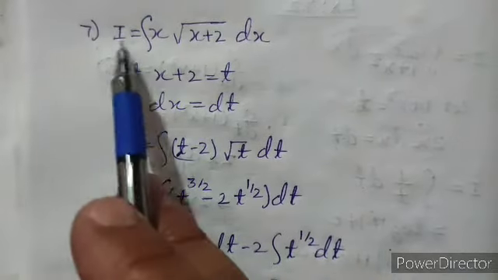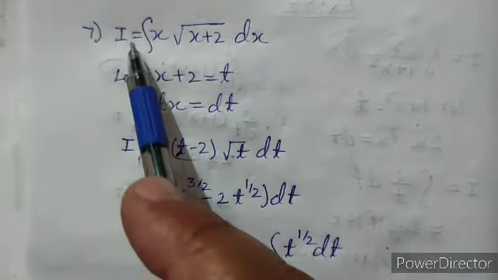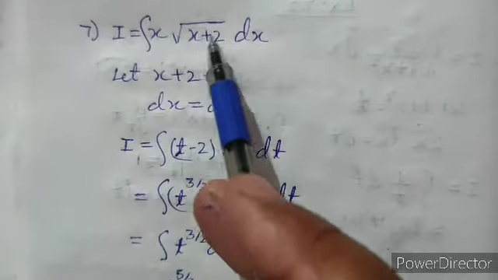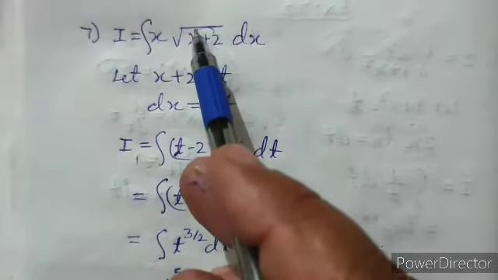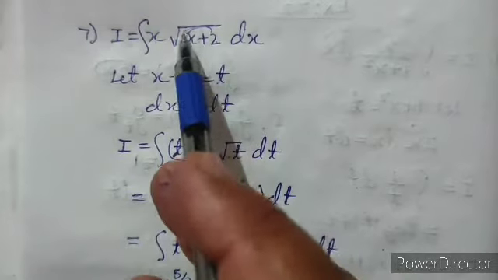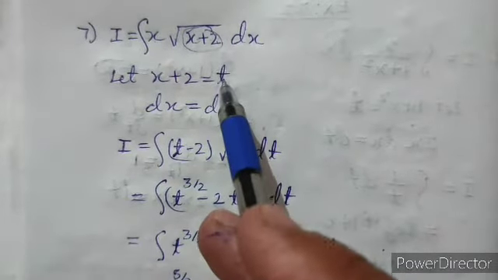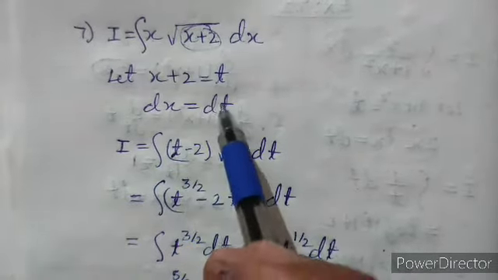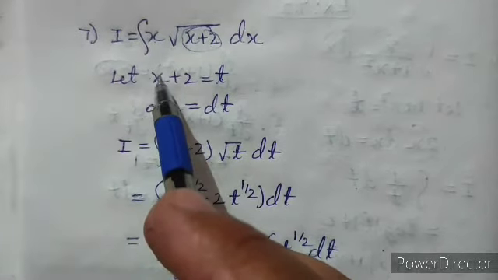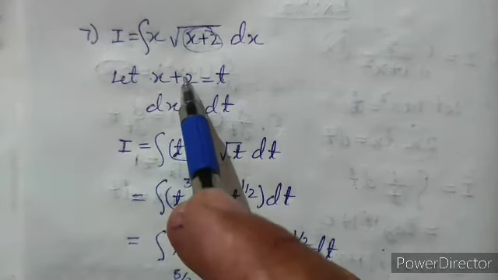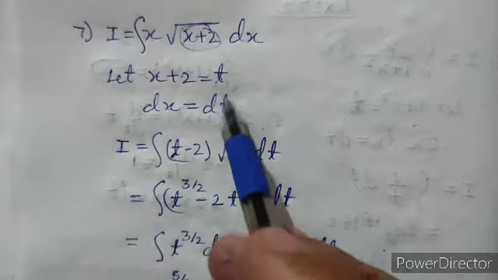Now in question number 7, we have to find the integral of x under root x plus 2. Here also, if we take x plus 2 as t, then dx will be equal to dt. Now the derivative of x will be 1 and of 2 will be 0, so 1 dx will be equal to dt.